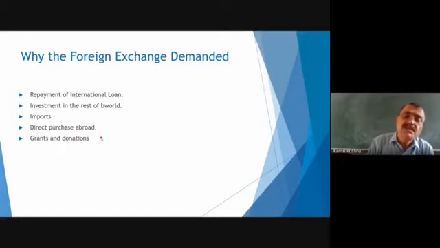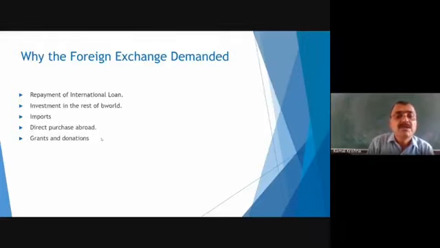If we have to purchase some commodities from abroad, then we have to pay the money in their currency. Then we need what? Foreign exchange. Then the next is grants and donations. In other words, we can say these are unilateral transfers, the transfer payments. For doing those things, we need what? Dollars. And for these reasons, we demand foreign exchange.